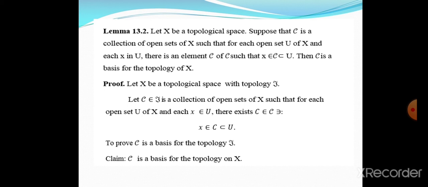Okay. Proof. Let X be a topological space with the topology tau.